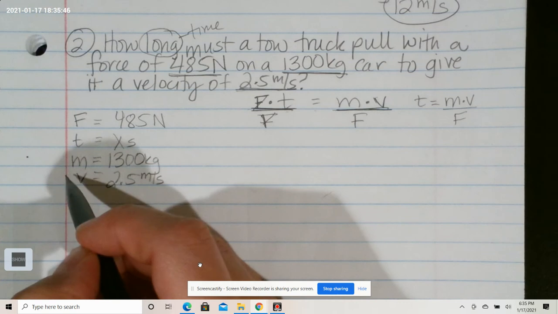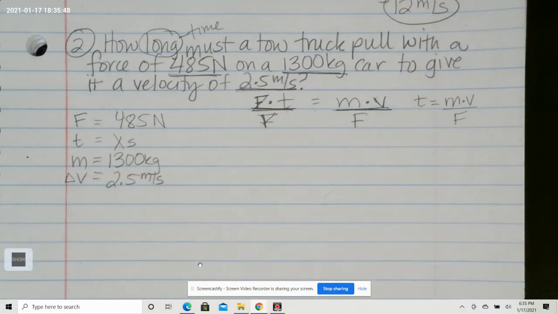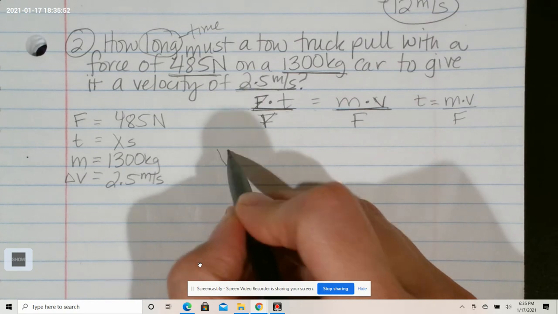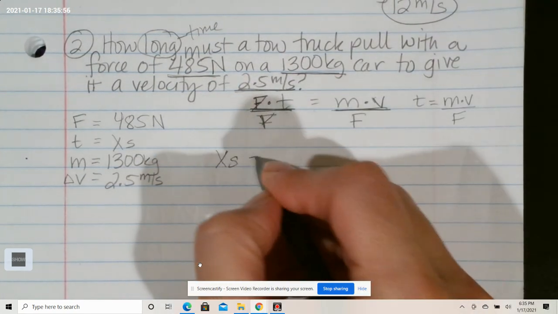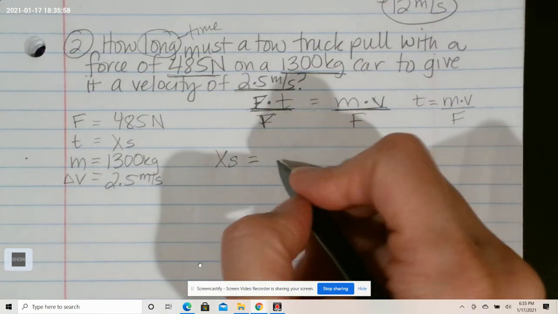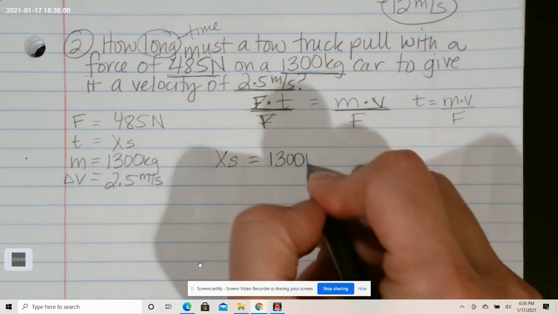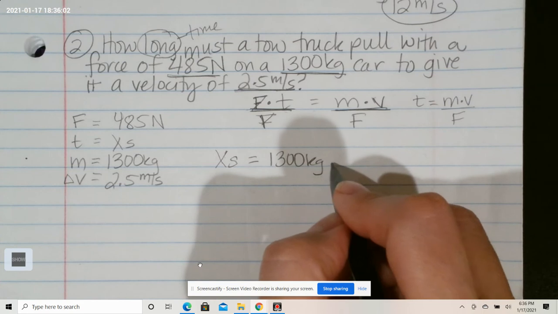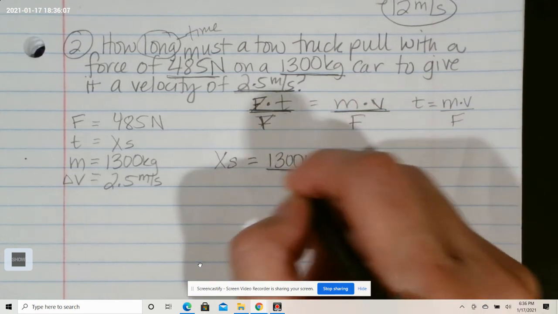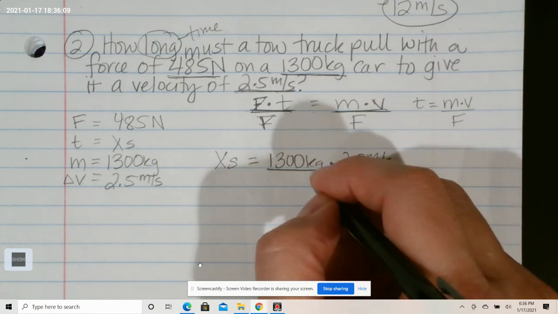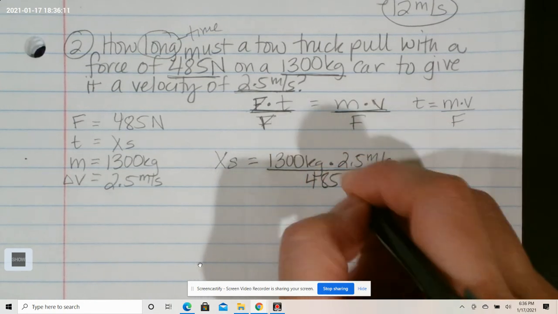So I can put that delta there just so you remember that was its change. It started at 0, went to 2.5. So since I'm looking for time, t, x seconds equals my mass, which is 1,300 kilograms, times my velocity, 2.5 meters per second, divided by my force, which equals 485 newtons.